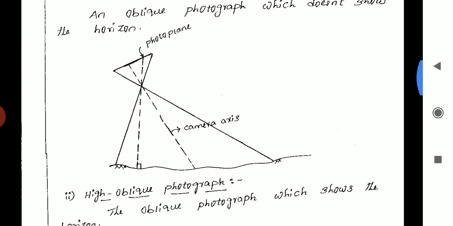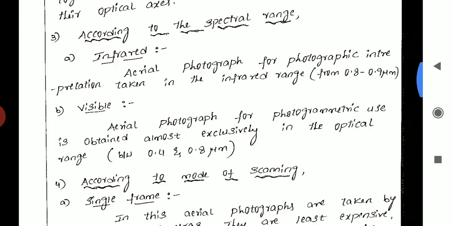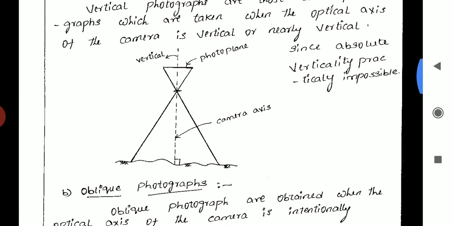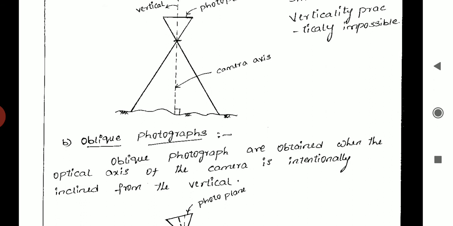Principal point. See here, the principal point. The principal point is defined as the intersection of the camera axis with either the picture plane or the opposite of the camera plate. And focal length.